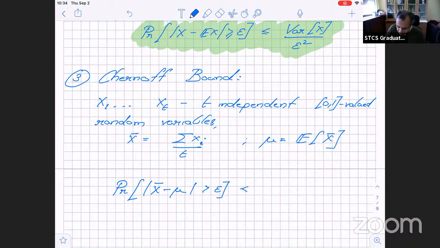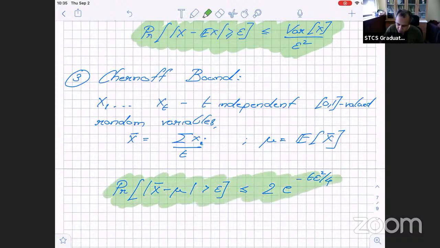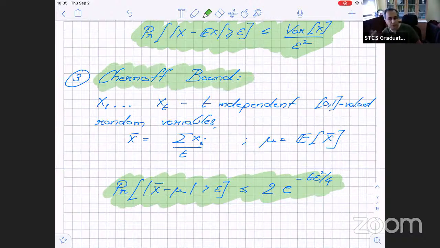This happens to be at most twice e to the power of something negative, so it improves exponentially as you average over more and more variables. There are various forms of the Chernoff bound. We use this Chernoff bound.